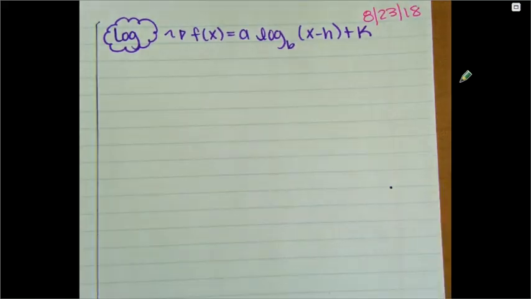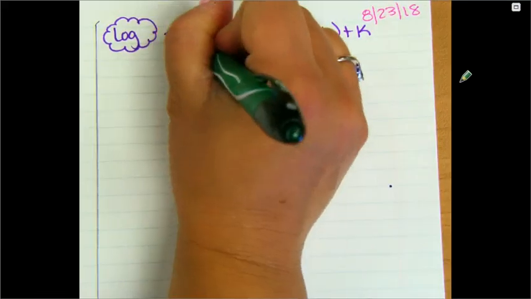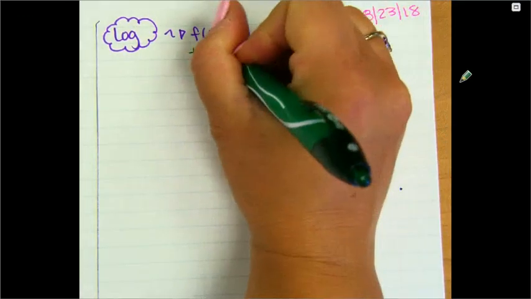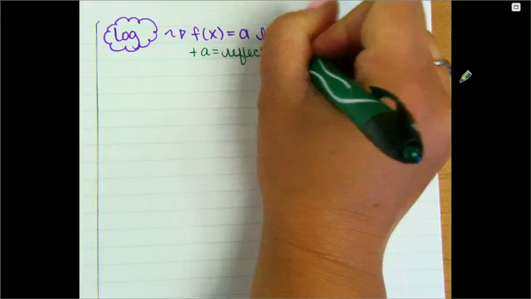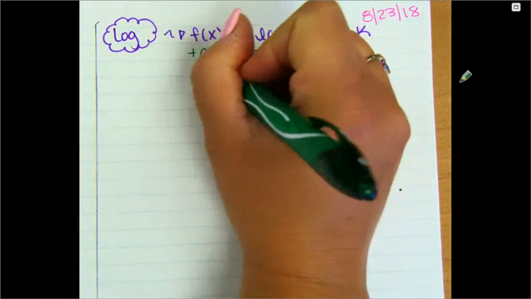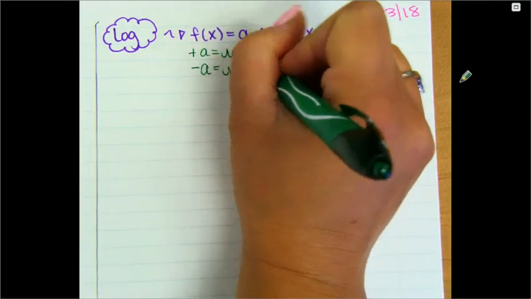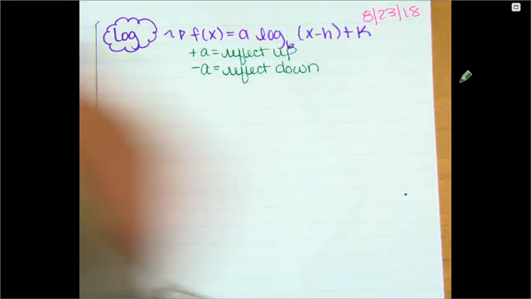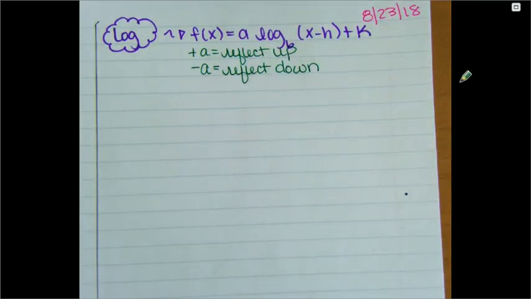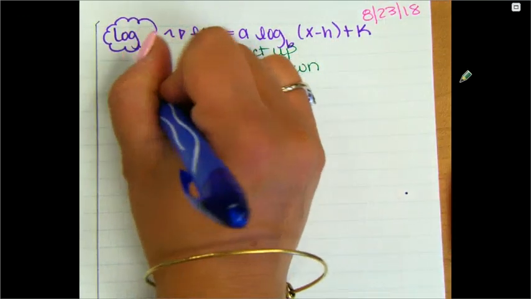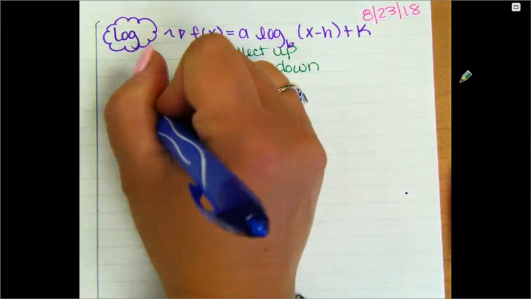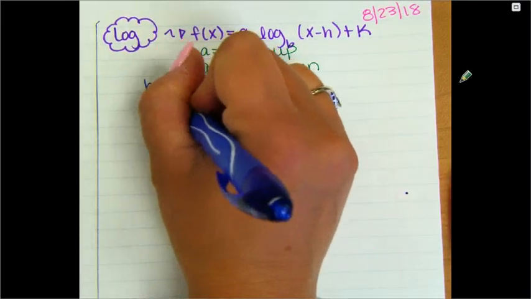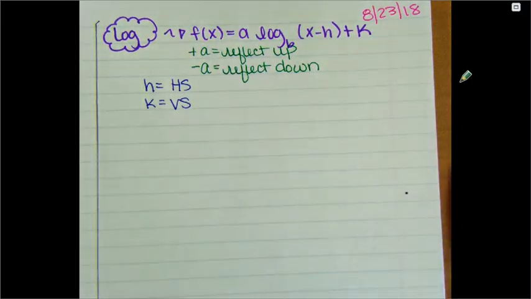Positive a is going to tell us what? Reflects up. Negative a tells us what? Reflect down. h still tells you horizontal shift. k still tells you vertical shift.